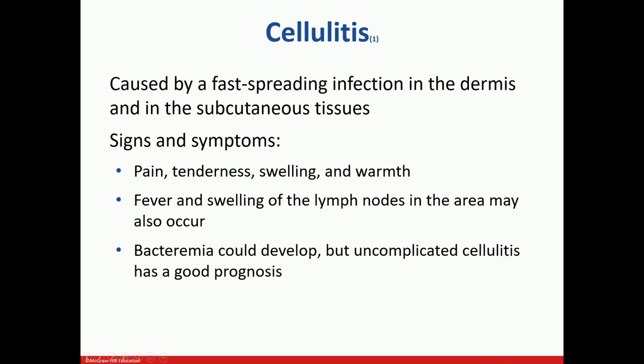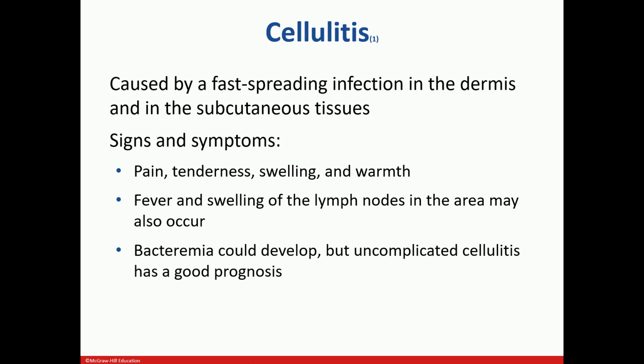Next is cellulitis. Cellulitis is basically the infection in the dermis and in the subcutaneous tissues, and it involves pain, tenderness, swelling, and warmth. And also there is swelling of the lymph nodes in this disease.